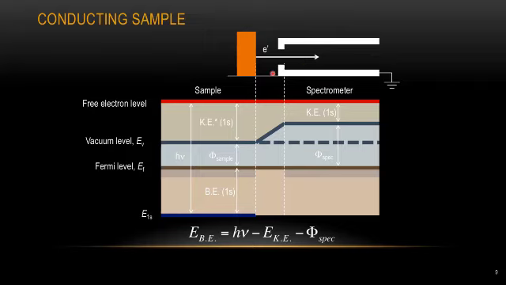When the sample is inside the system, the surface of our sample is in electrical contact with the spectrometer. That's why you can see the Fermi levels for both the sample and the spectrometer are at the same level. Knowing they are at the same level, and wanting to measure the binding energy of our sample, we measure the kinetic energy from the spectrometer. We also need to know the spectrometer work function, which is a known parameter from the machine.